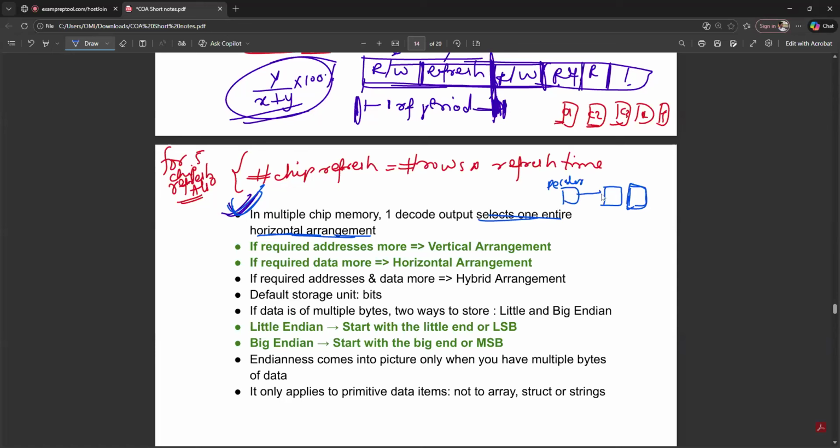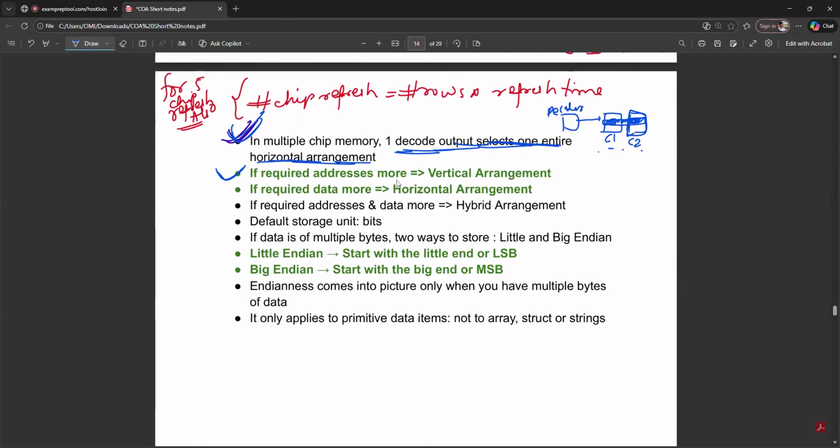The decoder has selected this line, so this entire cell line will be extracted, from this C1 chip also, and C2 chip also. So one decode output selects one entire horizontal alignment.